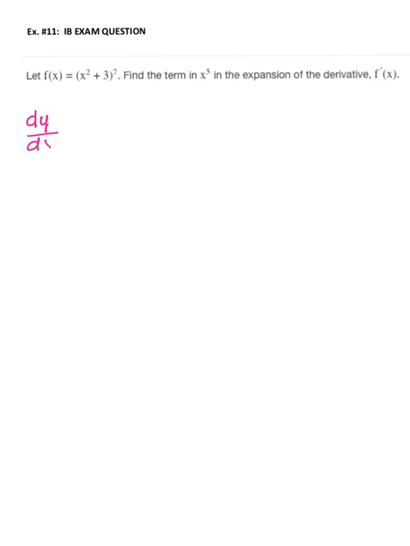dy over dx is equal to derivative of y with respect to u. You don't have to write this out each time. I just do just to remind you that that's what we're working with. y is equal to u to the 7th. u is equal to x squared plus 3.